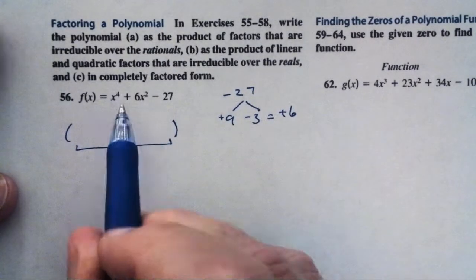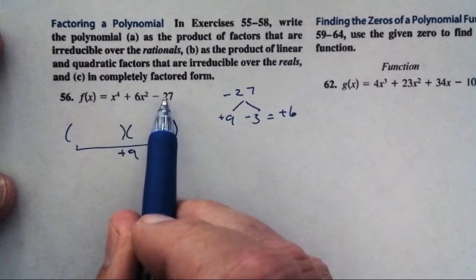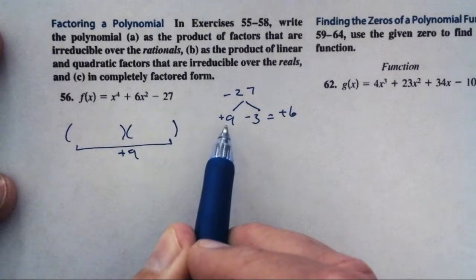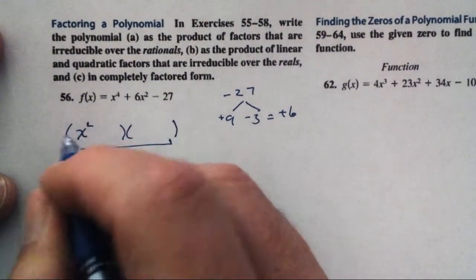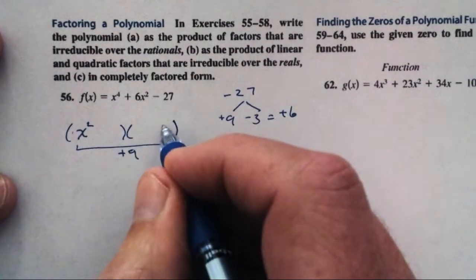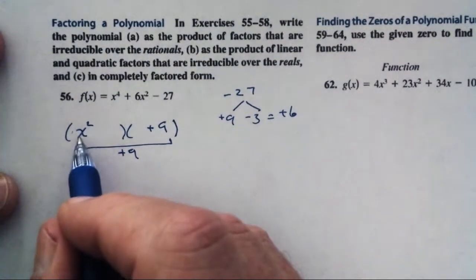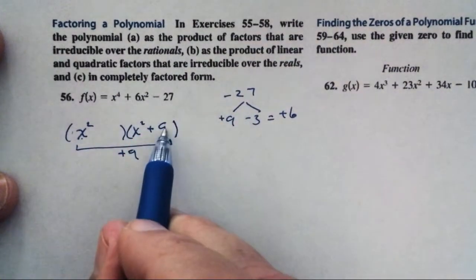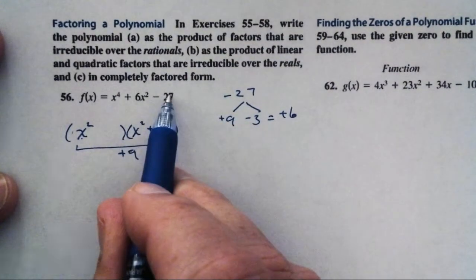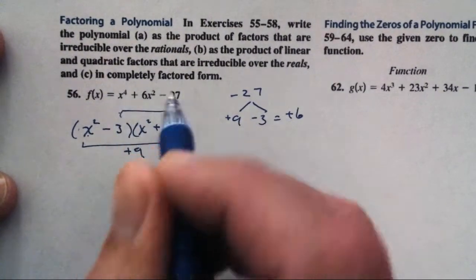I'm going to use the biggest factor of 1 times the biggest factor of 27 that can get me +9, and that's 1 from here, so I need a single x squared, 1, and I need a 9 here, and that has to be plus. First term times first term equals first term, x squared. Last term times last term equals last term, -3. There's my missing -27.